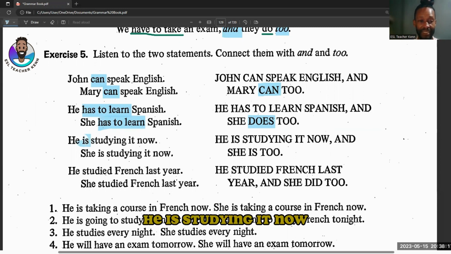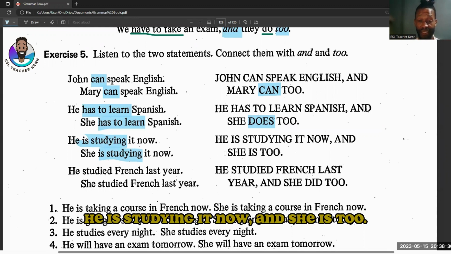He is studying it now. She is studying it now. He is studying it now, and she is too.